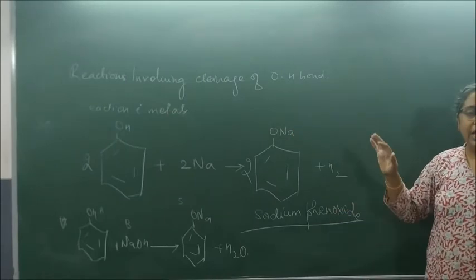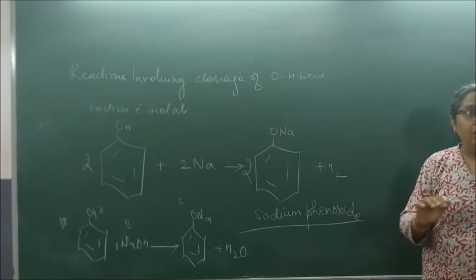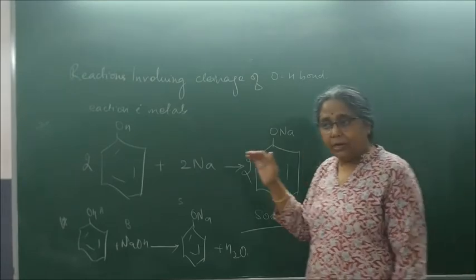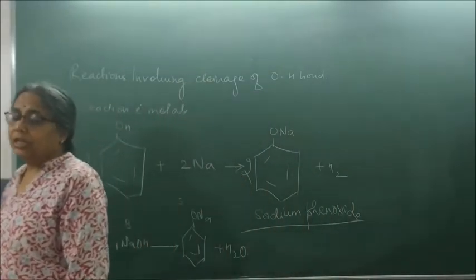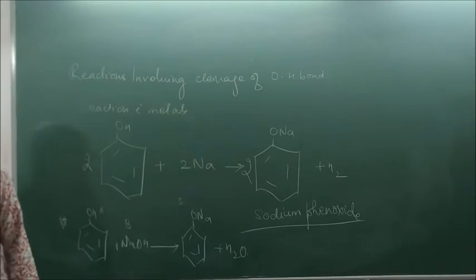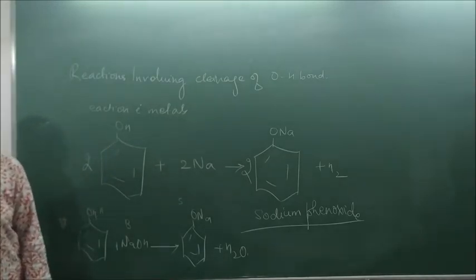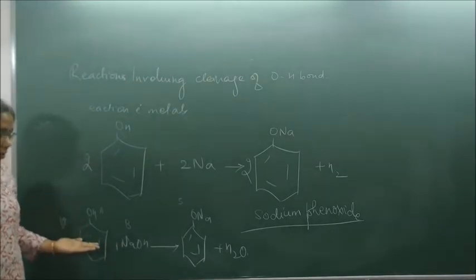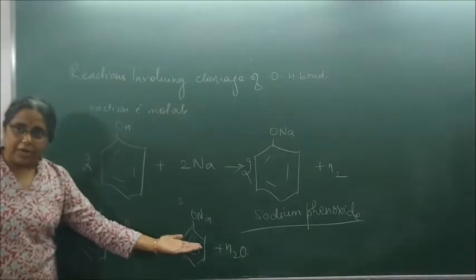So when I am talking about the acidic nature of alcohols and phenols, these reactions are important to show that alcohols or phenols are acidic in nature. Whenever alcohols and phenols react with metal, they form salt and liberate hydrogen gas, just like any other mineral acid like HCl, H2SO4, HNO3, etc. We also see that phenols react with sodium hydroxide to form salt and water.